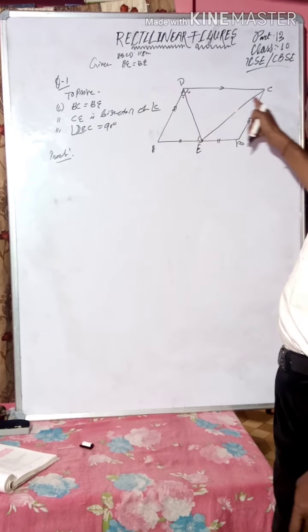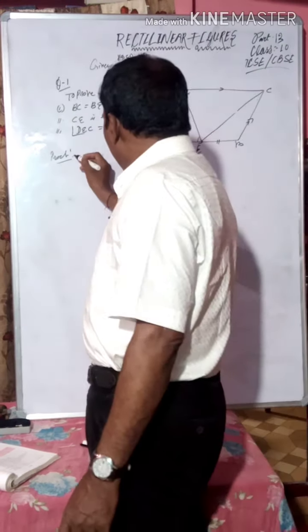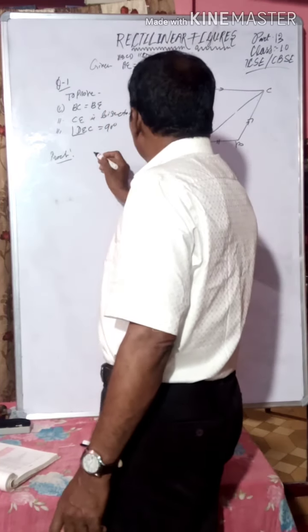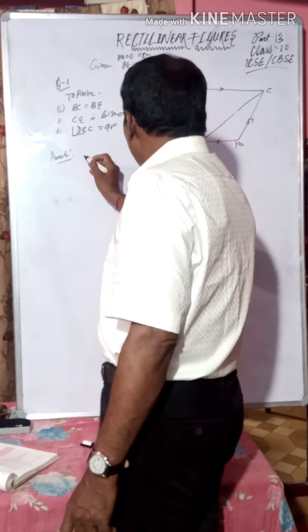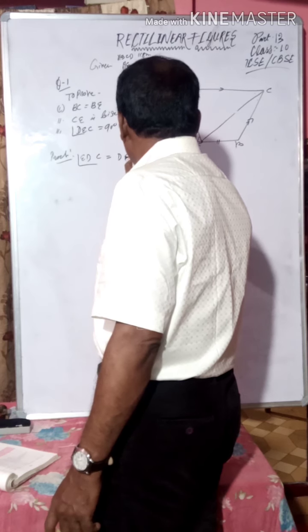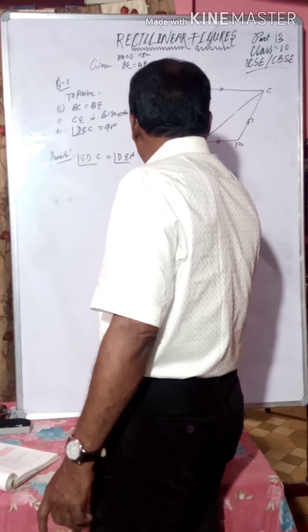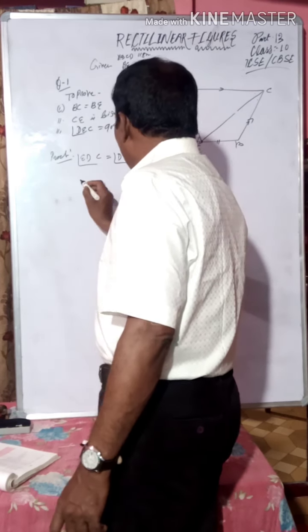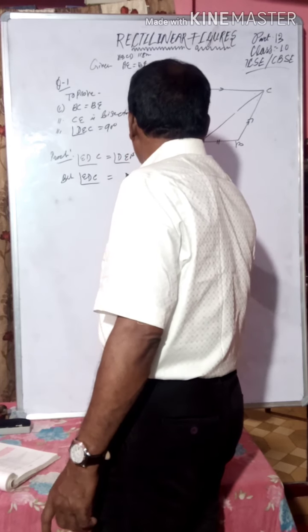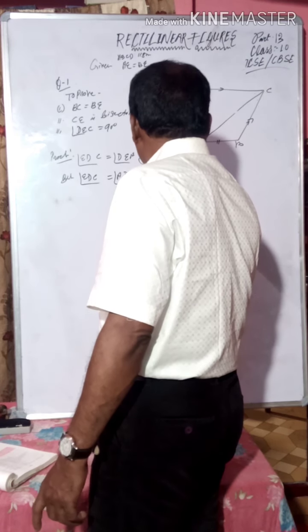Now let us see, angle EDC is equal to angle DEA, alternate interior angles. But angle EDC is equal to angle ADE, given.